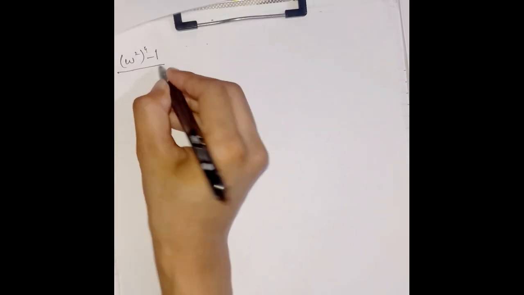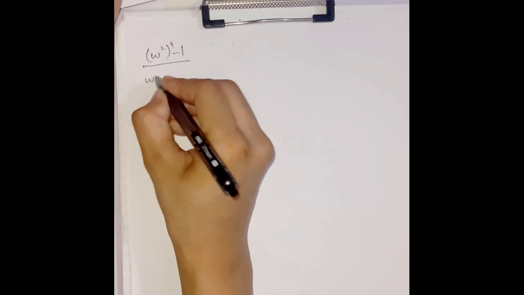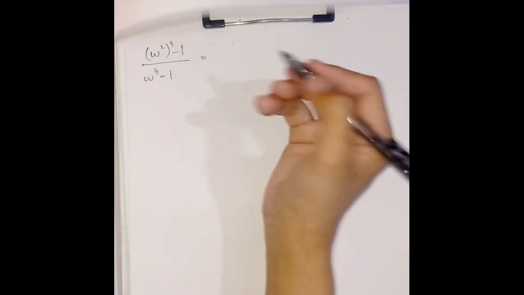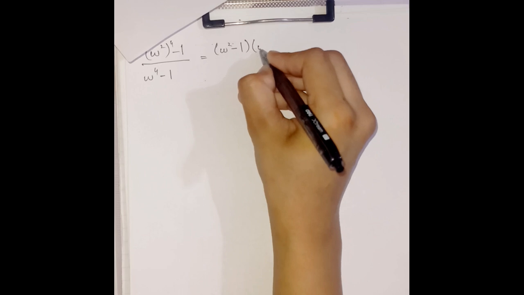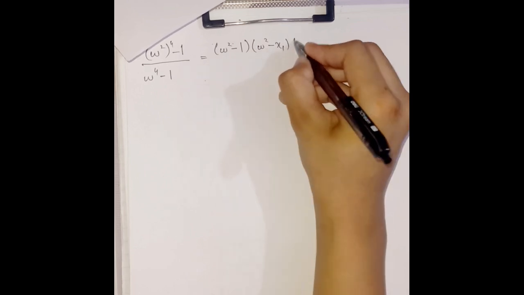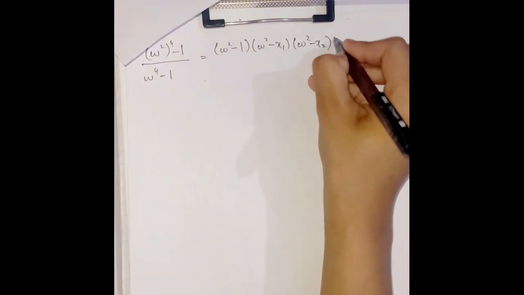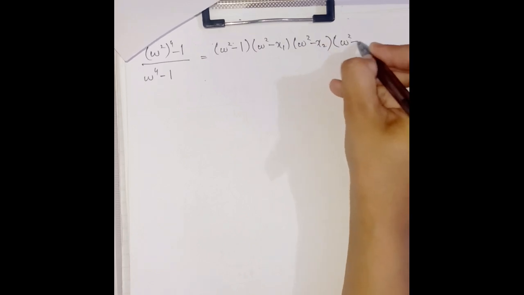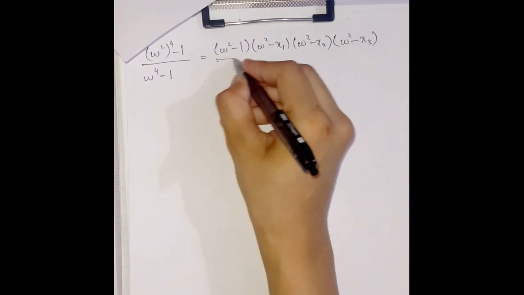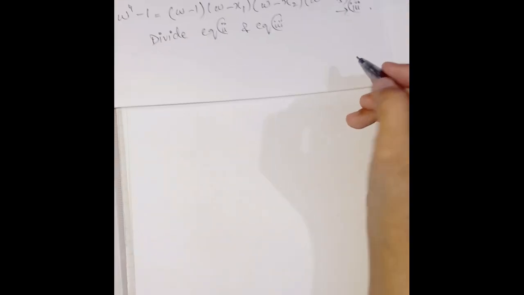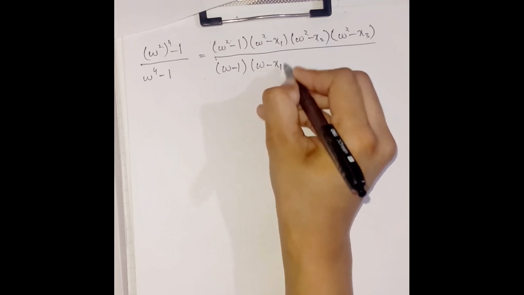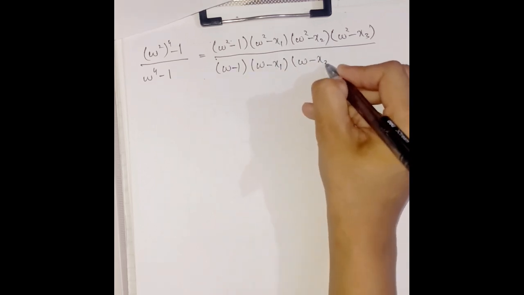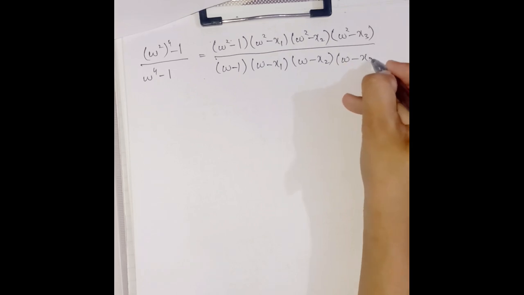So it is divided by omega to the power 4 minus 1, and on the right side (omega square minus 1)(omega square minus x1)(omega square minus x2)(omega square minus x3) divided by (omega minus 1)(omega minus x1)(omega minus x2)(omega minus x3).